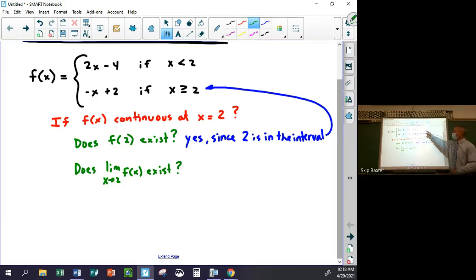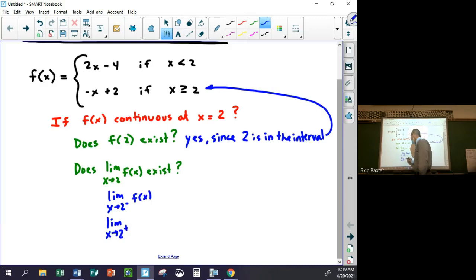Exactly. You just take 2, you plug it in here, and you take 2, and you plug it in there, and make sure you get the same thing. And remember, the theory behind that is you're really just calculating the limit as x goes to 2 from the left, and the limit as x goes to 2 from the right.